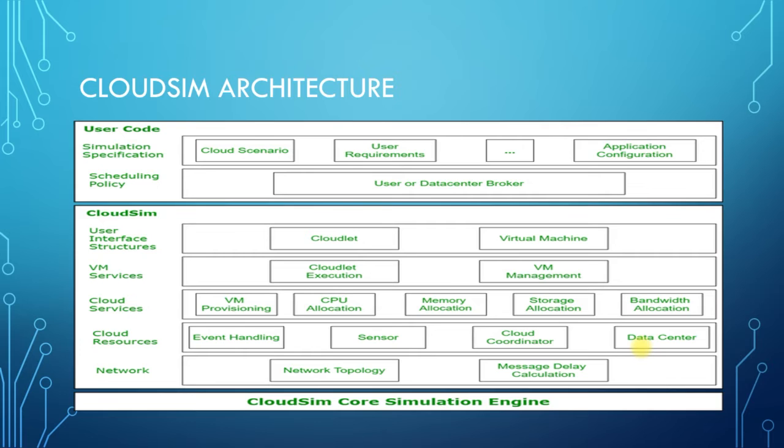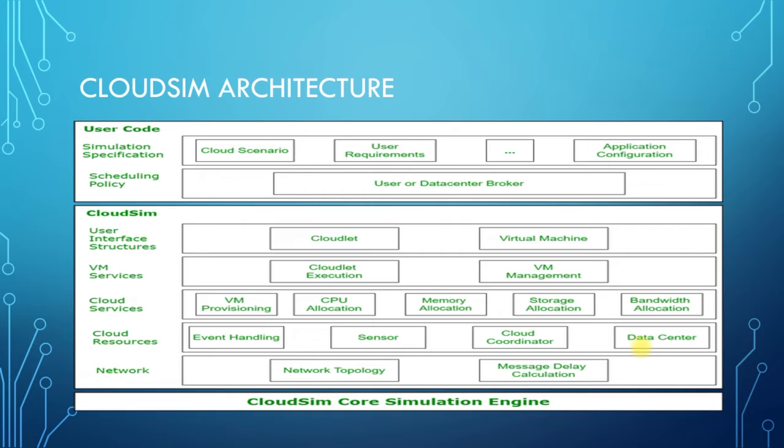So here is the CloudSim architecture. You can see there are two sections, one that is user code and the other is the CloudSim section. So it is a CloudSim core simulation engine. We have network topology and message delay calculation part in the network segment of CloudSim.